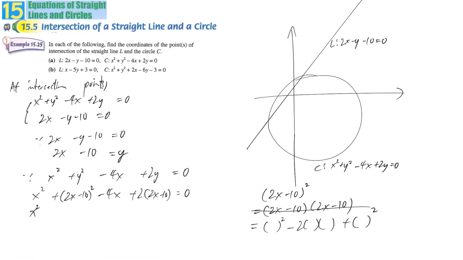a squared minus 2ab plus b squared. The first item 2x, the second item 10. So I have 4x squared minus 40x plus 100. If you have lots of practice before, maybe you can write it down directly. So plus 4x squared minus 40x and then plus 100.